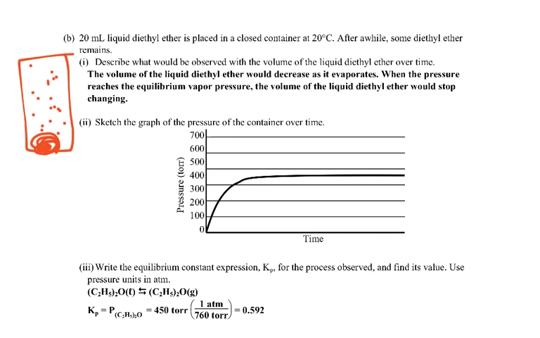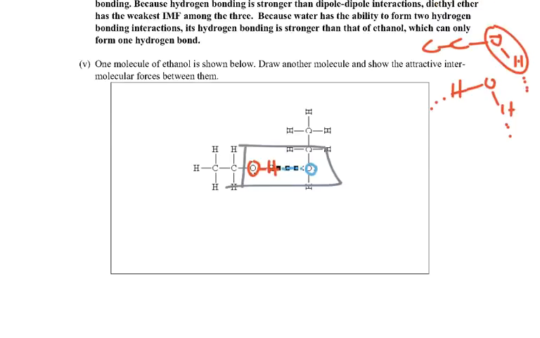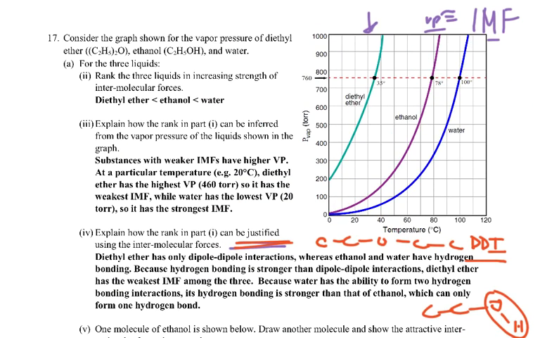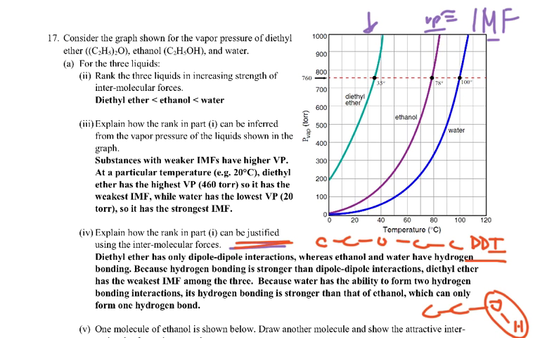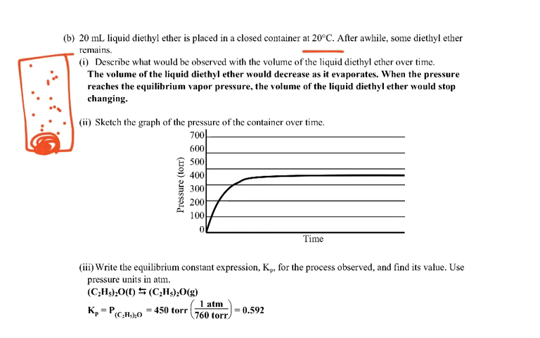Okay, sketch the pressure. Well, we have to go back to our graph, and we're saying diethyl ether at what temperature? 20 degrees. So if we look at diethyl ether, that's the green one here, at 20 degrees, here it is. It looks like between 400 and 500 right here, maybe 450, 460, 470, something like that.